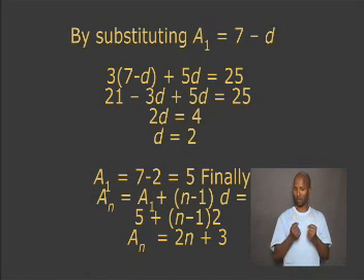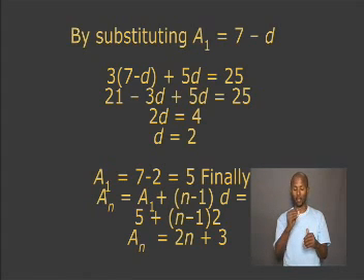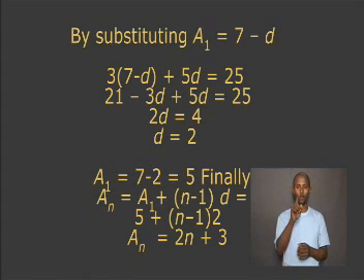We can simplify this to say that 21 minus 3D plus 5D equals 25. So, 2D equals 4 and D equals 2. A1 equals 7 minus 2, which is 5.